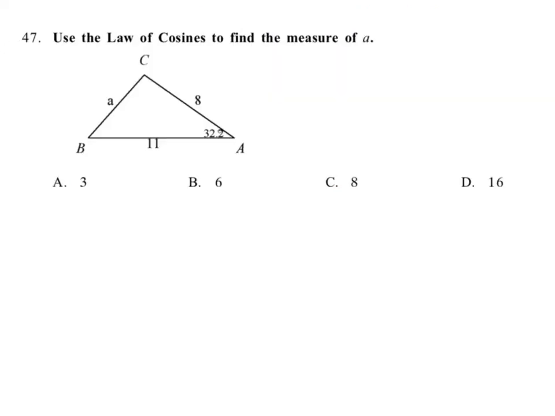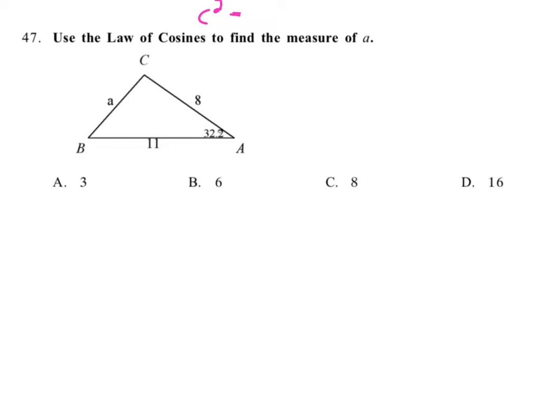Okay, so for this one, find the measure of A. We're going to do the same thing. I'm going to just rewrite the same formula up top. I'm going to write C squared. And remember, when we say C squared, just to simplify it so that you're not using multiple formulas for each particular side you're looking for, C is, in our case, whatever is across from the angle that you know.